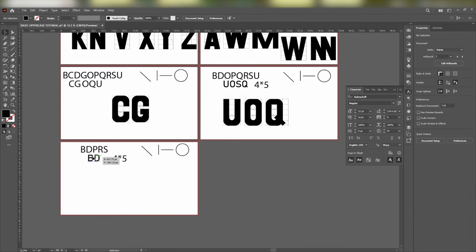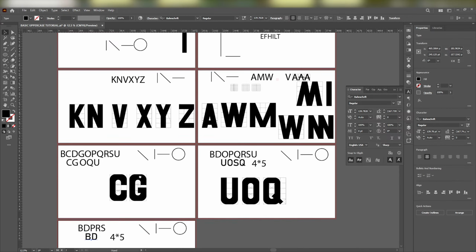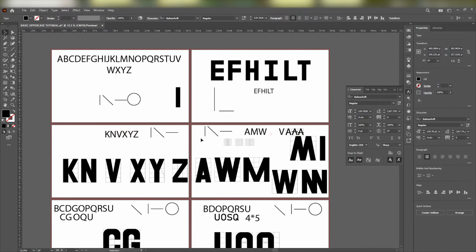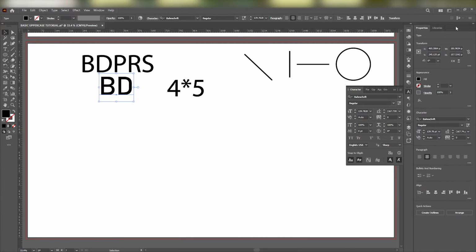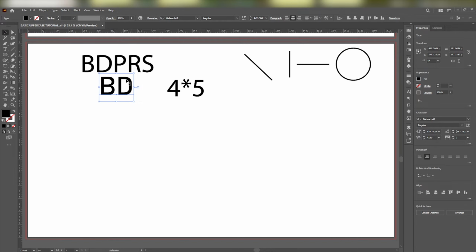And the reason why I'm using a different font as compared to what I have been using here since is because this particular font is far closer to the basic than this particular font.